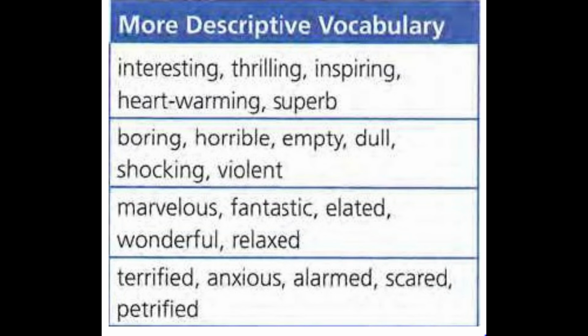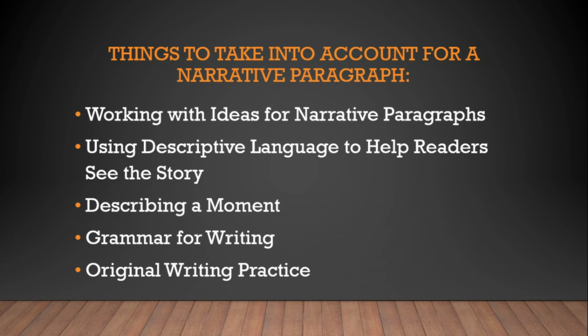And so we must use specific vocabulary to help readers imagine that they are actually there with us in the story. The goal is to make the readers understand why this event is so special or significant for us. And there is some vocabulary appearing here for you to see, to understand better, and to take into account.